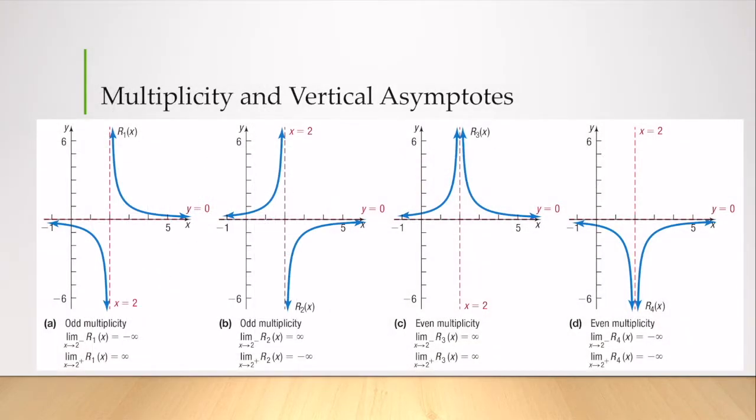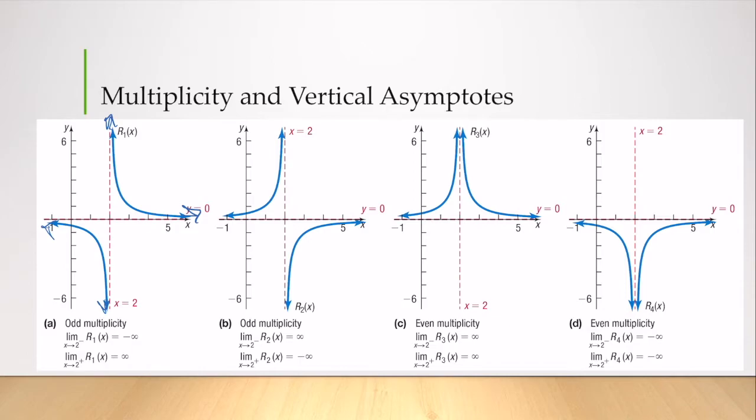When I have a multiplicity in my denominator that is odd, my end behavior goes in opposite directions along our asymptote.